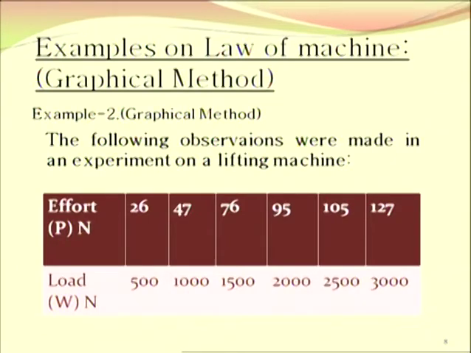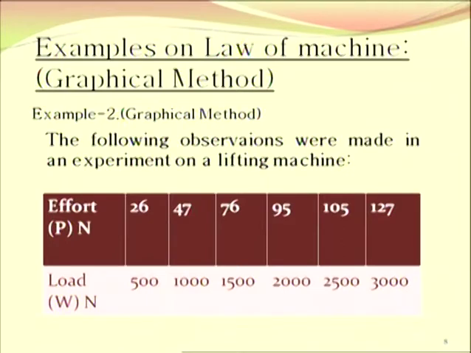For the first set of data, we have an effort of 26 Newton and a load of 500 Newton. For the second set, an effort of 47 Newton and a load of 1000 Newton. For the third set, an effort of 76 Newton and a load of 1500 Newton.